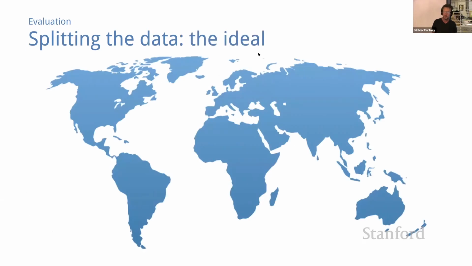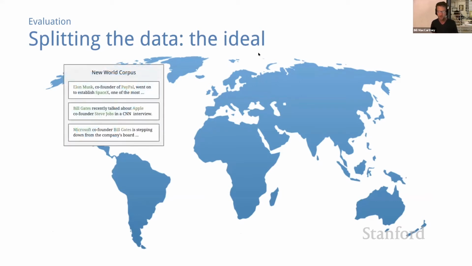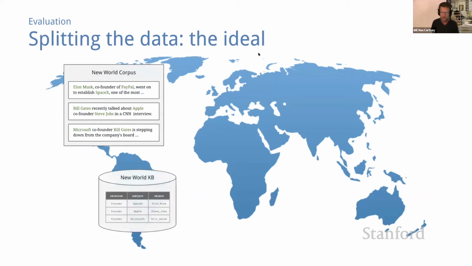In an ideal world, each split would have its own hermetically sealed universe of entities, and both the corpus and the KB for that split would refer only to those entities. So for example, you might have a New World corpus whose examples mention only New World entities like Elon Musk and Bill Gates and Steve Jobs, and a New World KB, which contains only triples about the same New World entities.